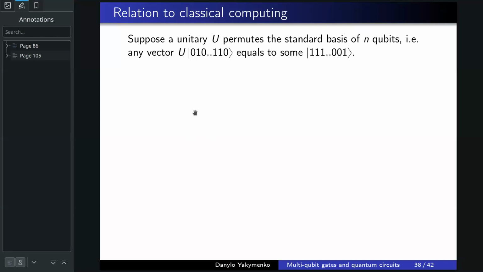Now, finally, I want to talk about the relation to classical computing. Suppose we have n qubits and a unitary U that permutes the standard basis of these n qubits. So each vector equals some basis vector.